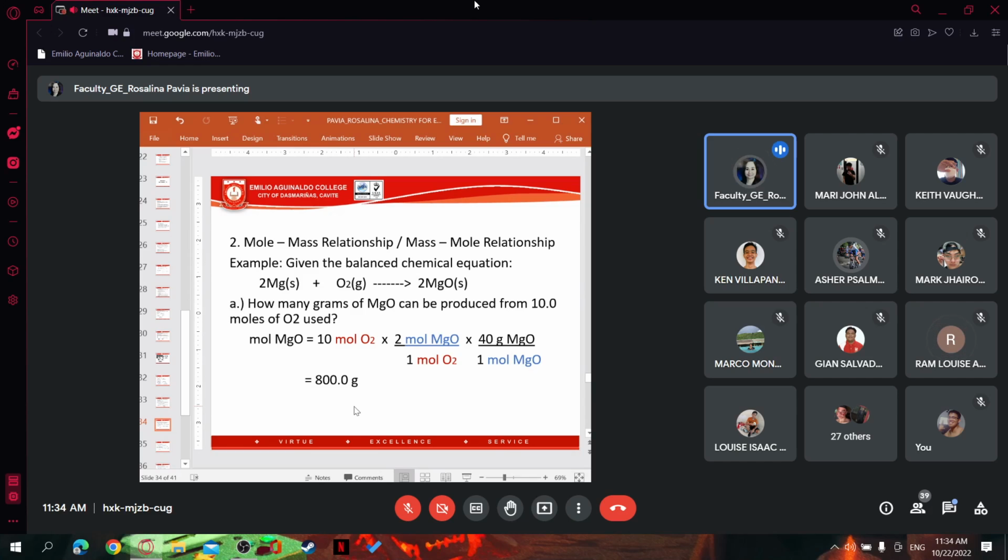Okay. So, 800 grams. Now, try to make use of the formula. Let's do mass-mass. The mole, we convert to mass. I do this here so we don't have to switch slides. So, what is the given? 10 moles.